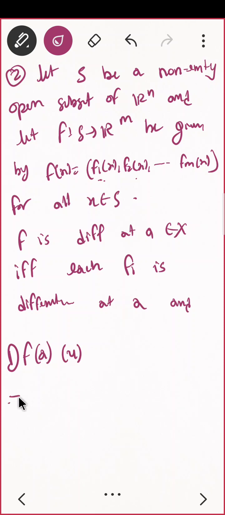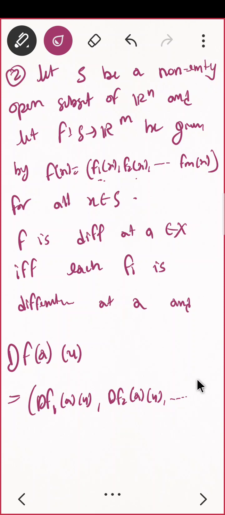So that will be df1 of a u, df2 of a u, and so on, dfm. Yes, so this is your directional derivative. So total derivative, that means what? If one of them is not differentiable, you can say that your function is not differentiable. This is an if and only if. And the proof is quite simple.